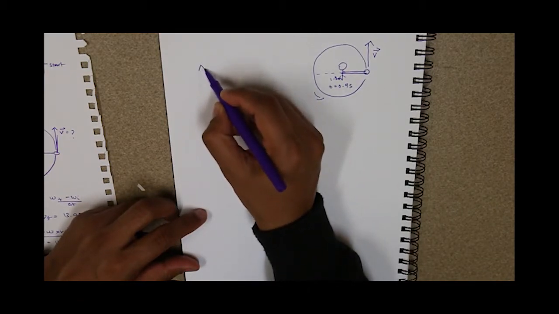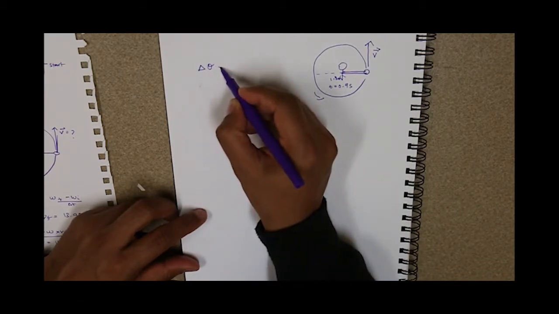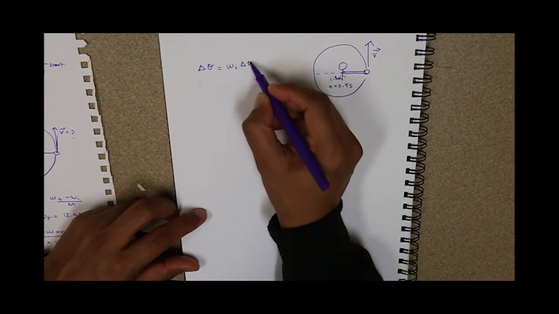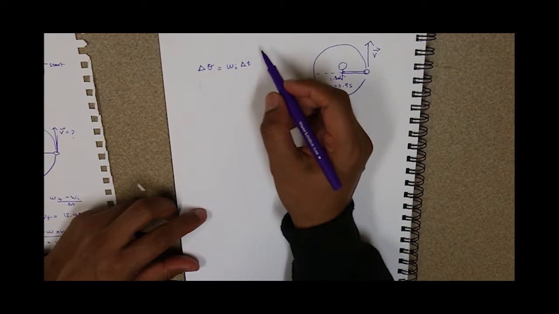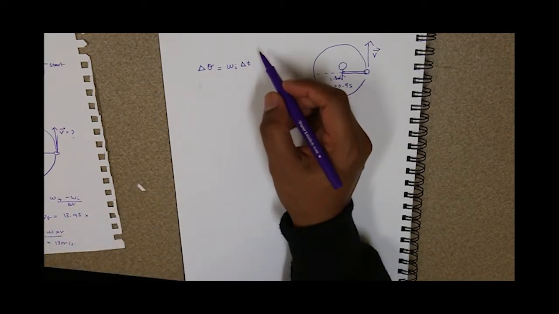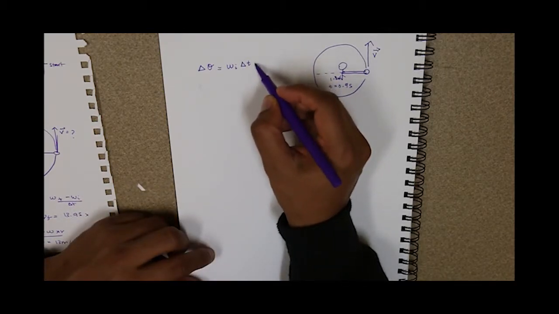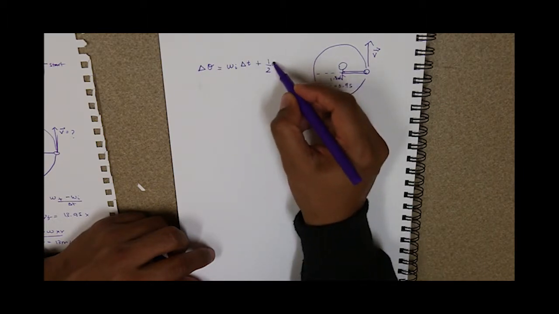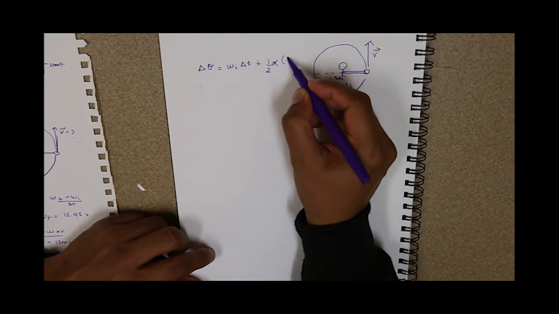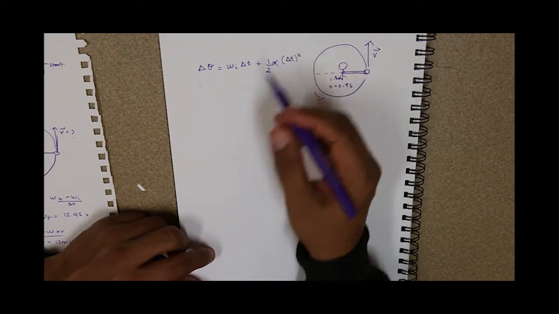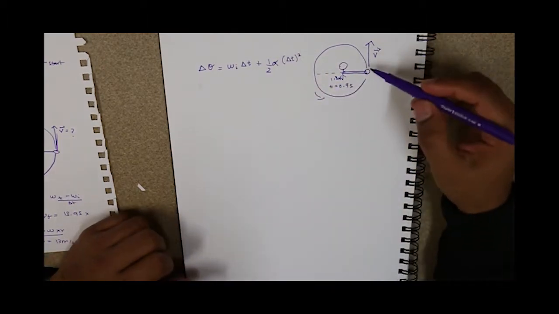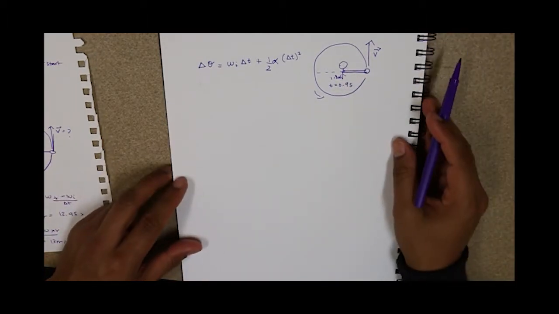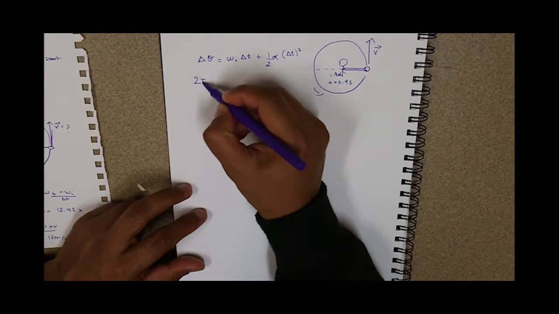Our change in theta equals our initial angular velocity times change in time plus half our angular acceleration times our change in time, the whole squared. Now we know our change in theta is essentially one circle, so that's 2 pi radians.